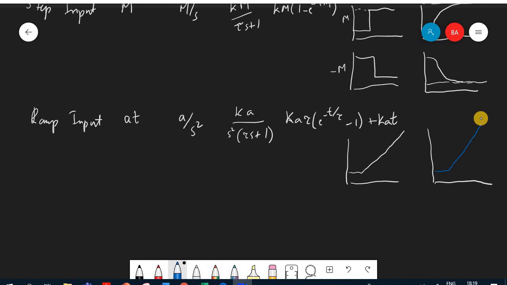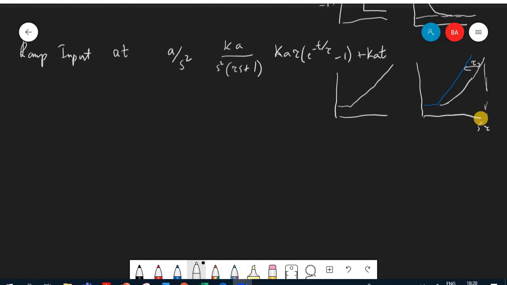So if this was my input, my output will be something like that. And the difference, if you take it at 5 tau, even lower, sometimes you're going to find the value of tau here. So this is what we have here.